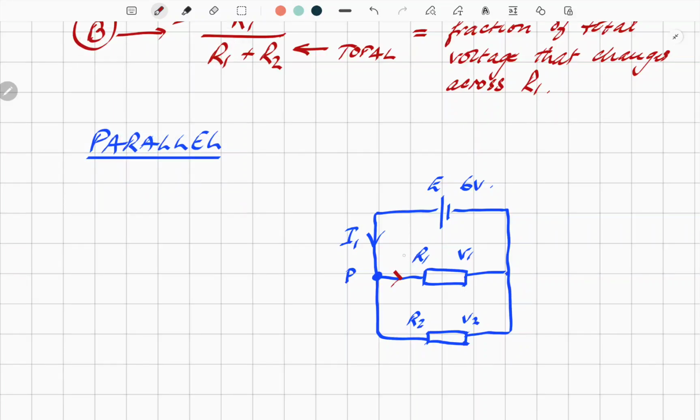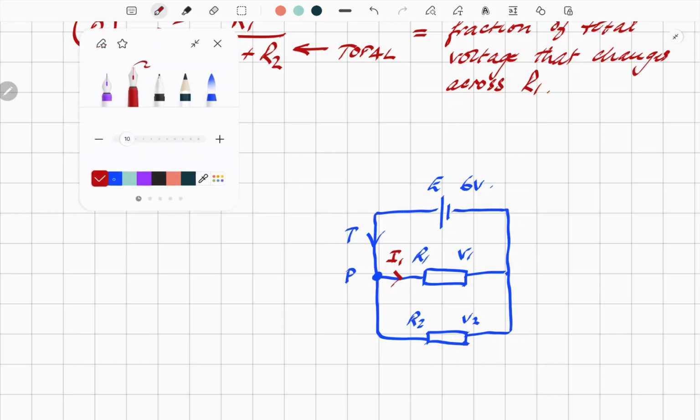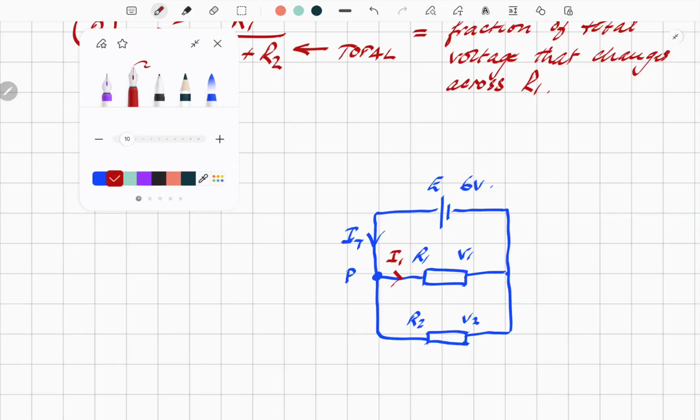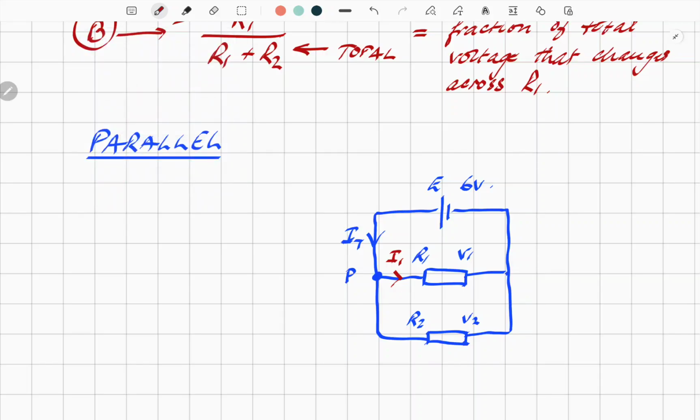One bit is going to go that way. Let's call that I1, and I'm going to change this one to I total. So that's the total current in the circuit. And this one in the first branch is I1, flowing through resistor 1. You follow so far?